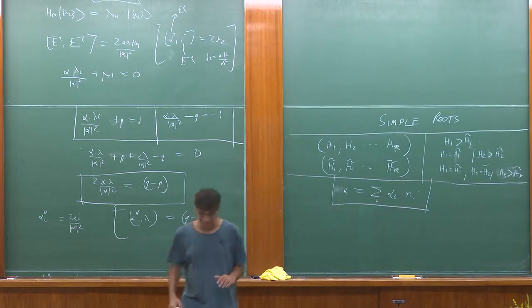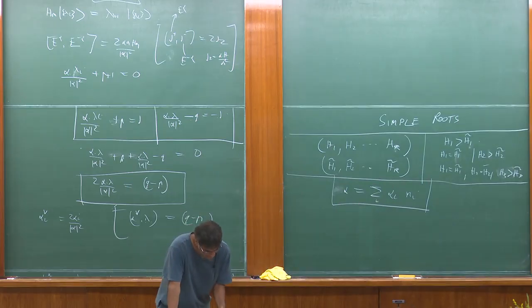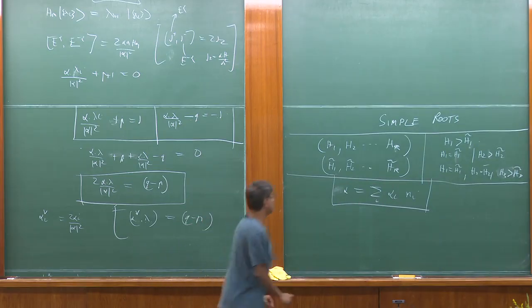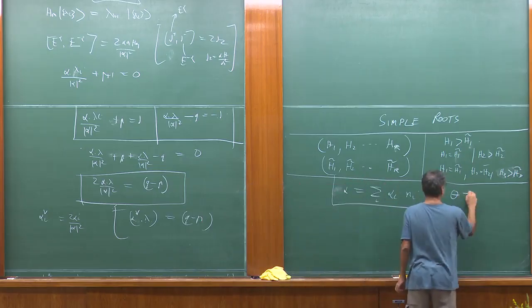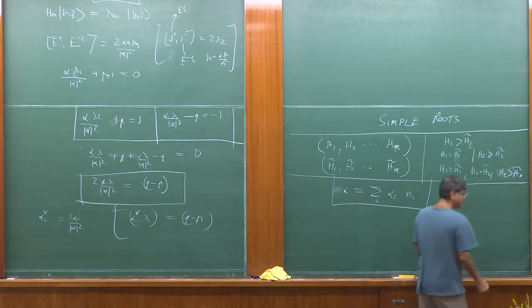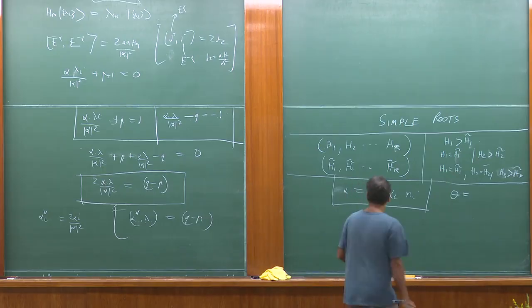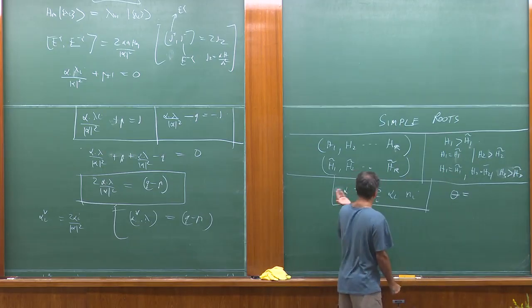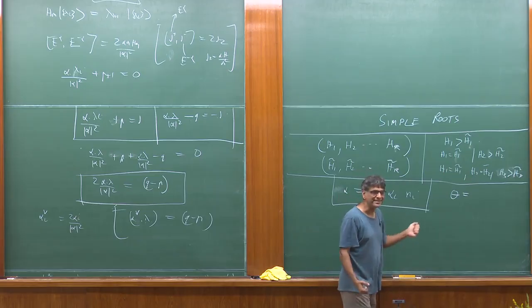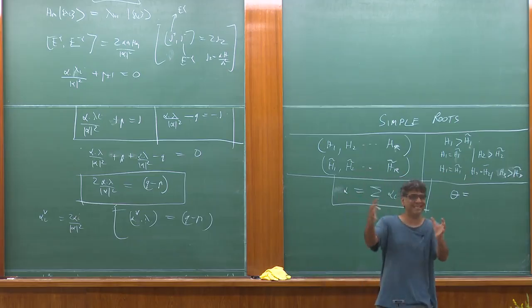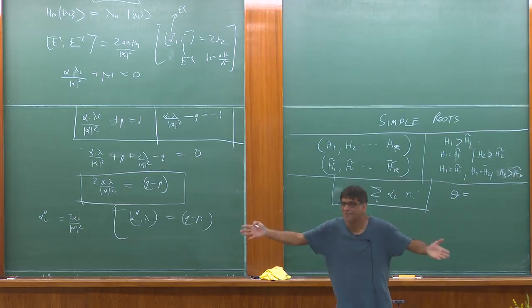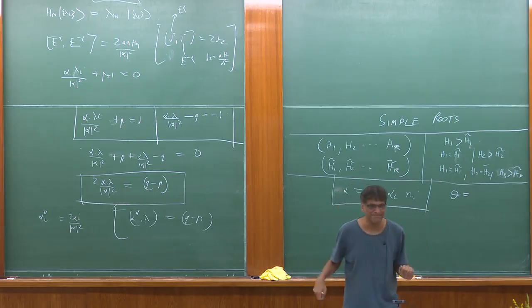Something that will at some point be of interest to us is this object theta, which is the largest root. Okay? With this dictionary ordering, it is the root which has the highest integers m_i, by highest in the sense of ordering.